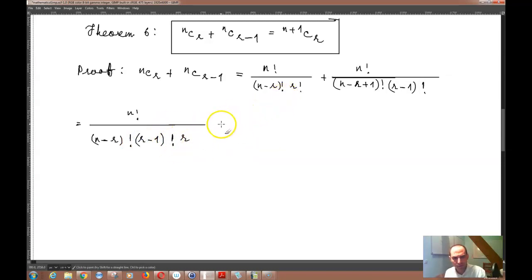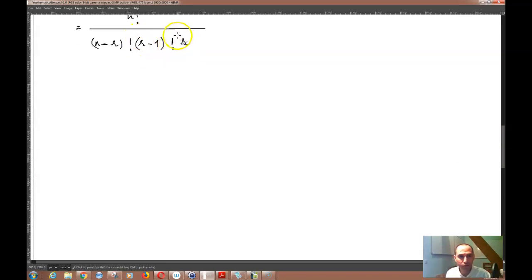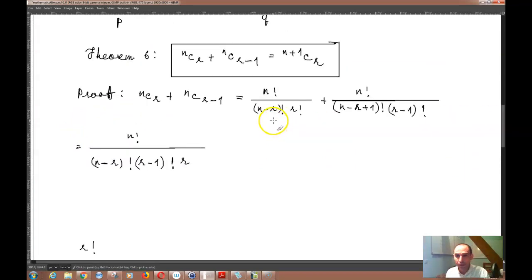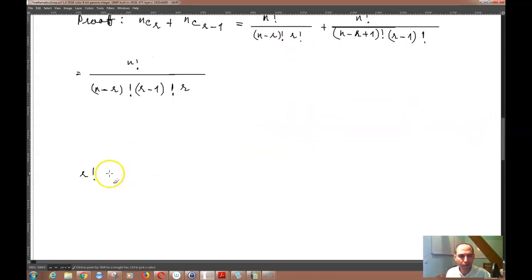The reason why you can do that, we have already talked about in the exercises, but r factorial is the same thing as 1 times 2 times 3 all the way up to r.